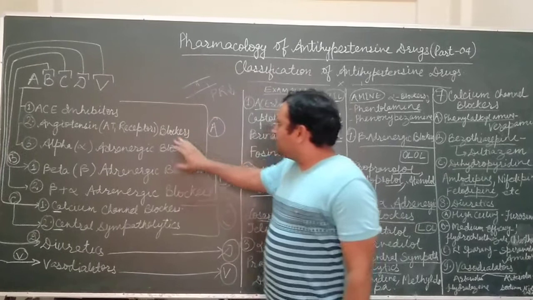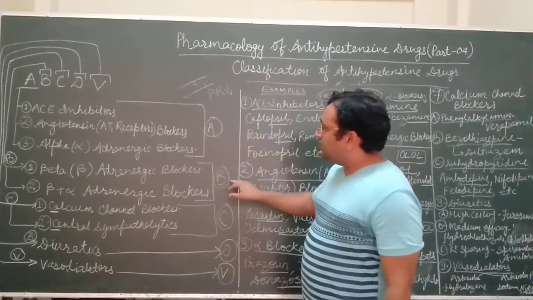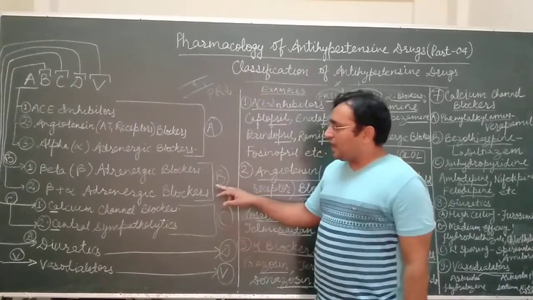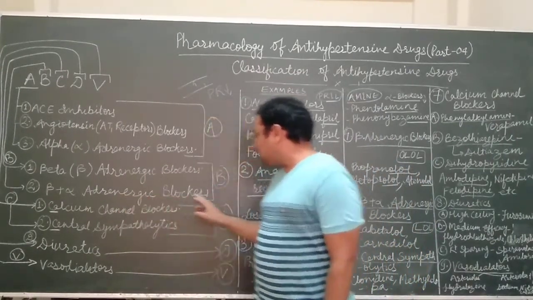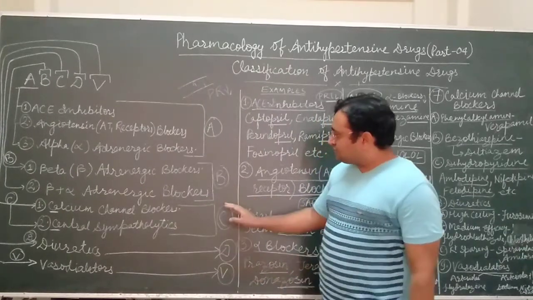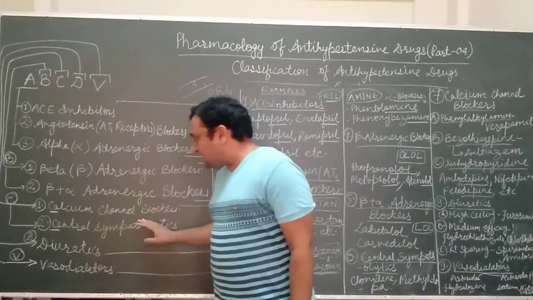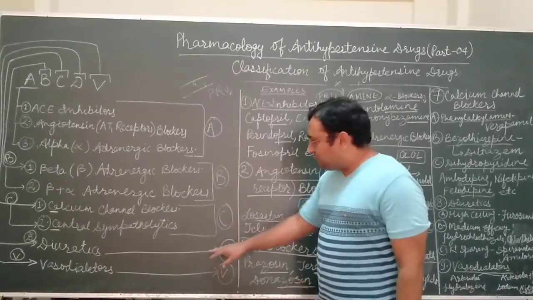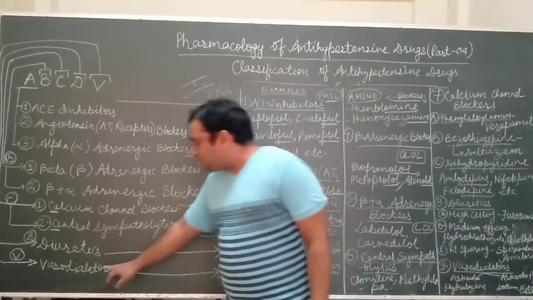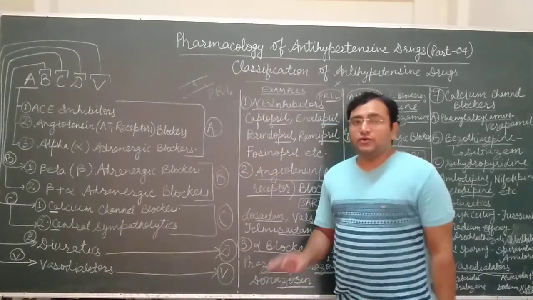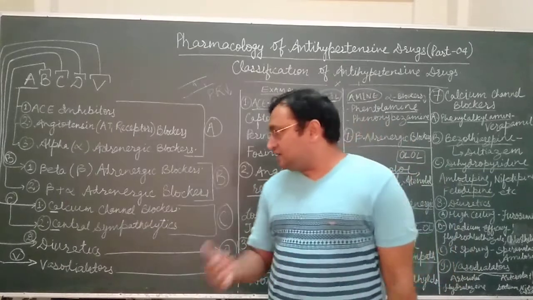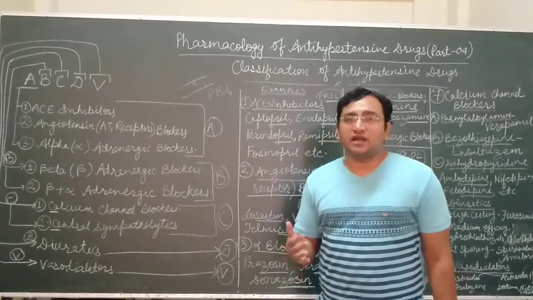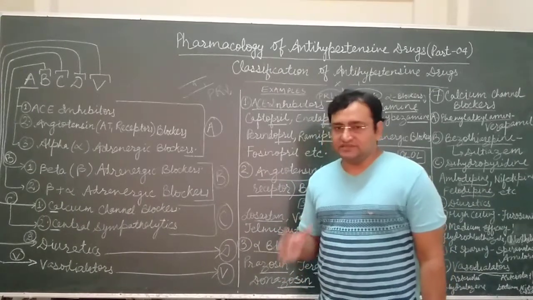B is for beta adrenergic blockers, and beta plus alpha adrenergic blockers are also for B. Next, C is for calcium channel blockers and central sympatholytics. Next, D is for diuretics and V for vasodilators, so that you can easily memorize it. There are 9 categories of antihypertensive drugs for treating hypertension.